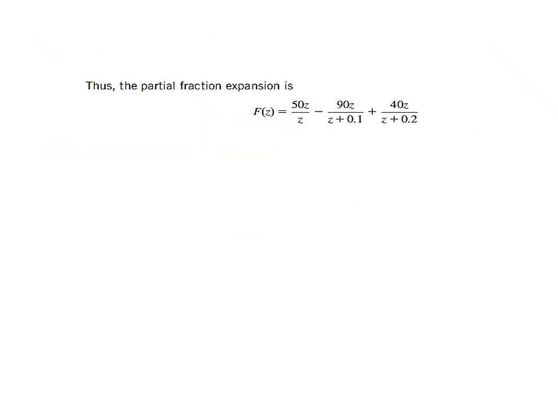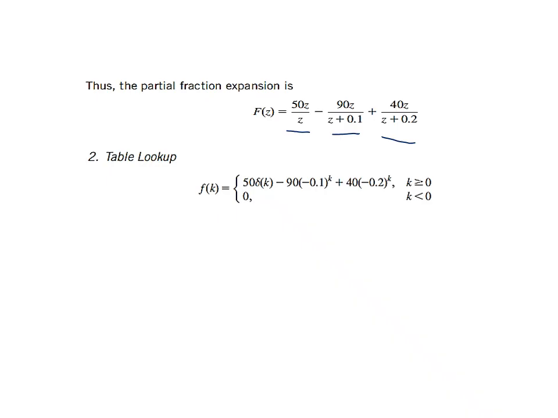Then we have the three partial fractions. We multiply each by z. We get 50 times z over z, negative 90 times z over z plus 0.1, and 40z divided by z plus 0.2. The first term is 50. We get from the table of the z transform, the first term is 50 times delta of k, or impulse of k, and negative 90z over z plus 0.1 is in the form of a to the power k.